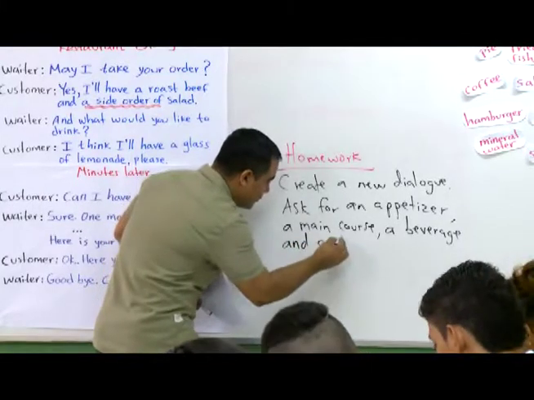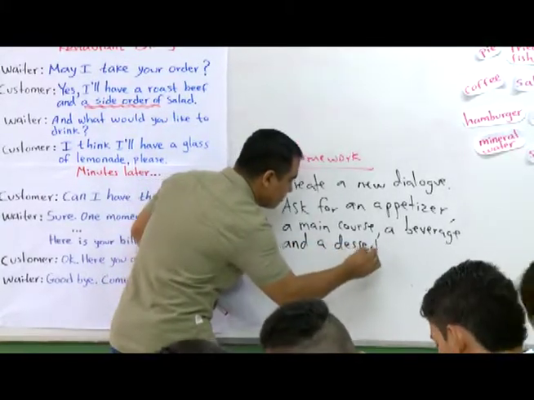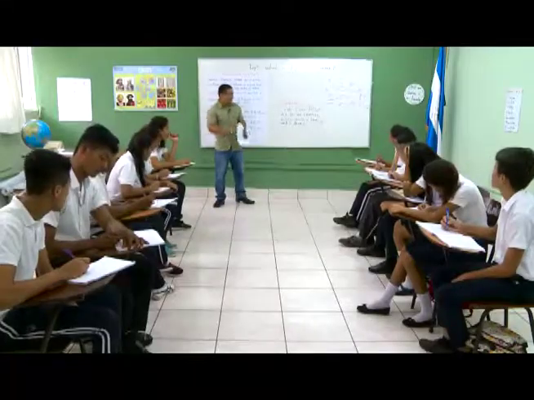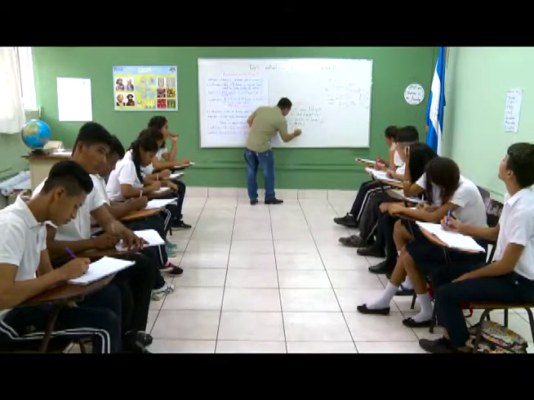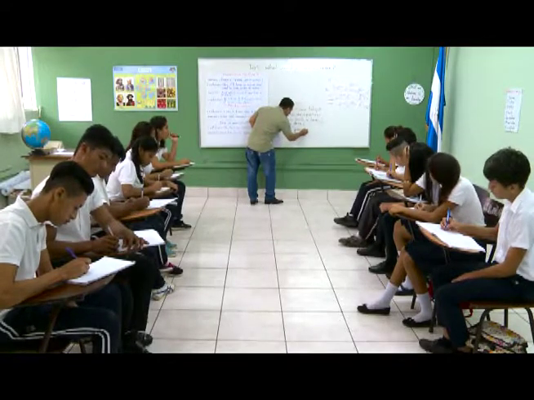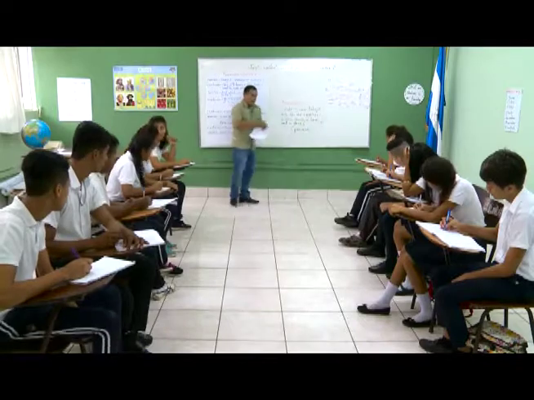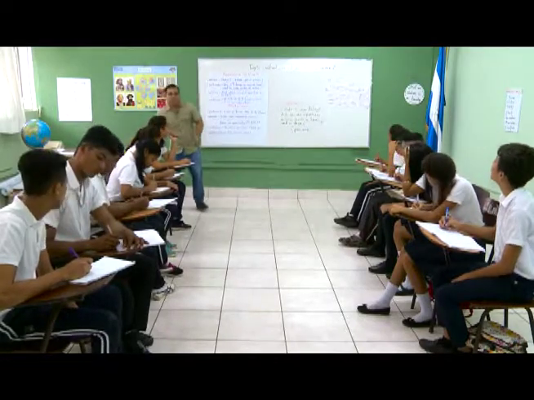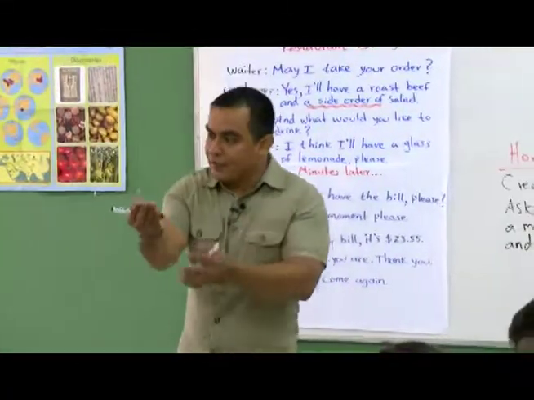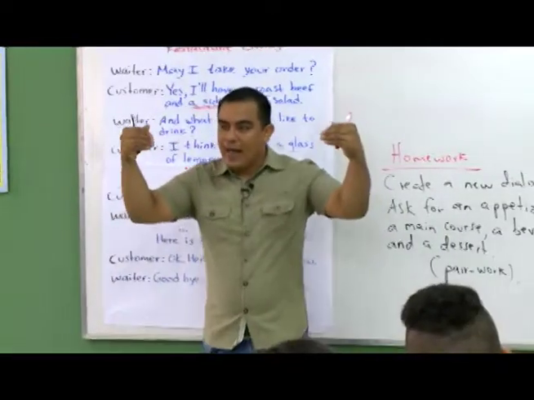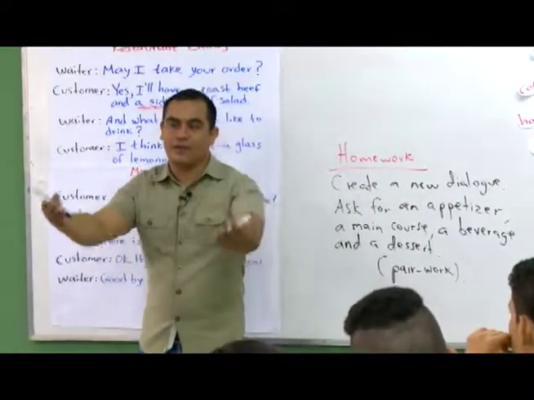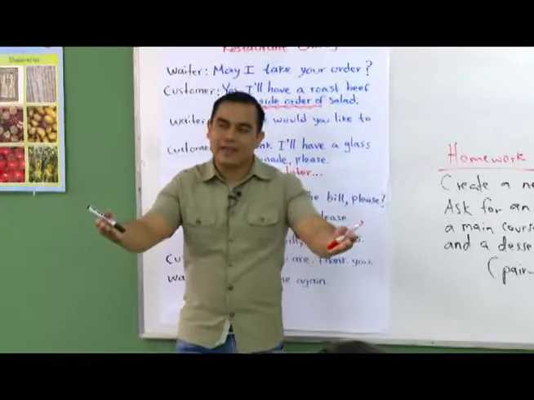And you're going to do it, as I said before, in pairs. You're going to work on it in your houses, and when you return, you're going to act out the dialogue in front of the class. Do you understand?